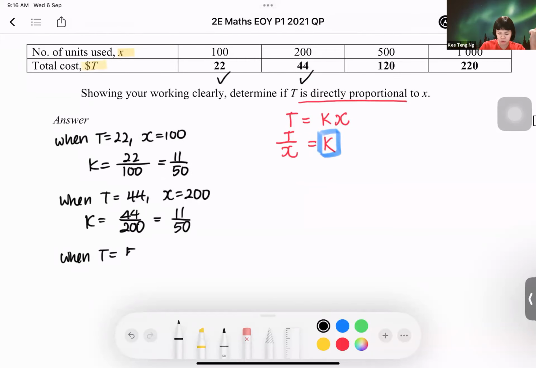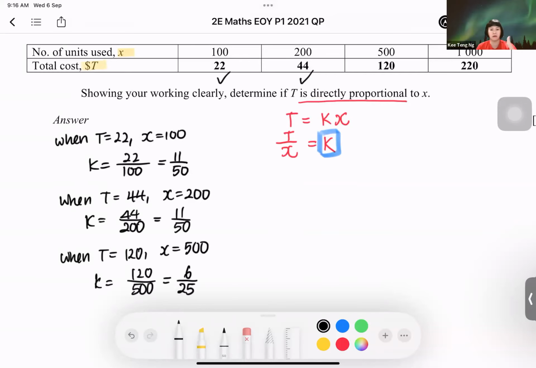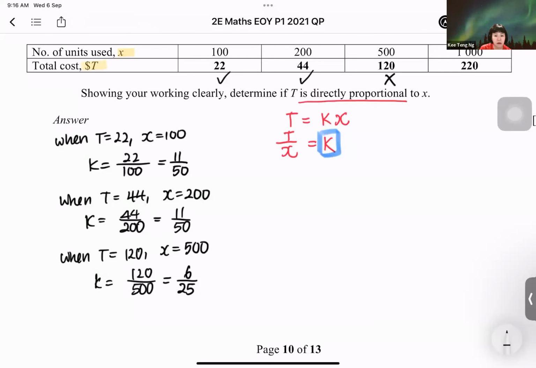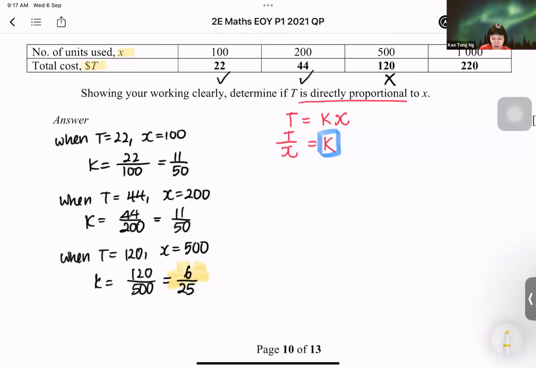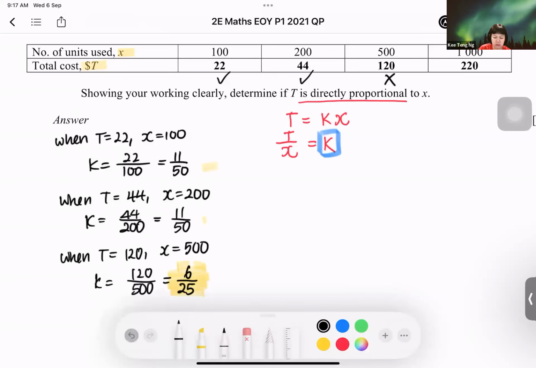When T equals 120, X equals 500, K equals 120 over 500. This doesn't look the same. This is 6 over 25. By right, I have 4 sets of data and I can continue to finish the 4th set, but it's very obvious there is one anomaly here. The moment you notice that one of them is different from the rest, therefore the constant is not the same.